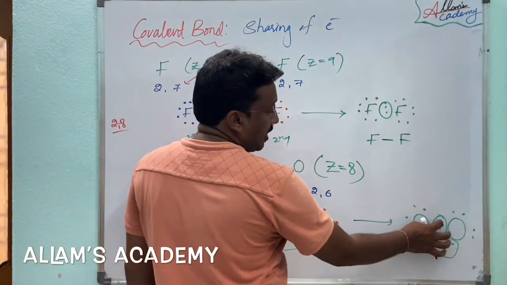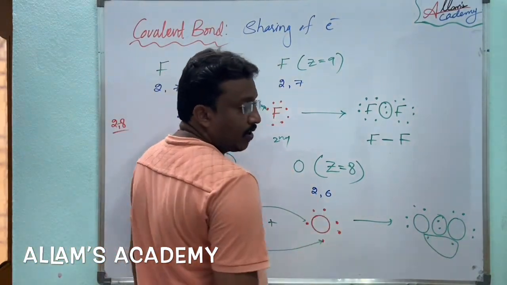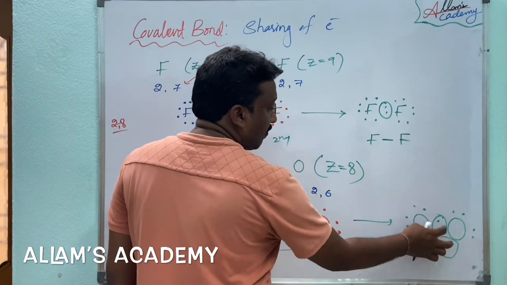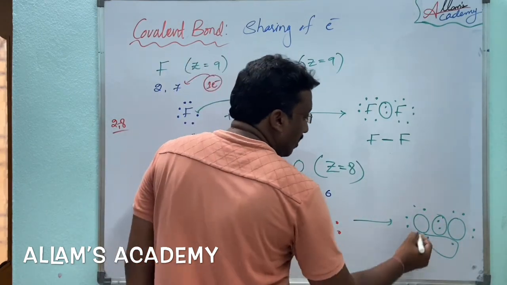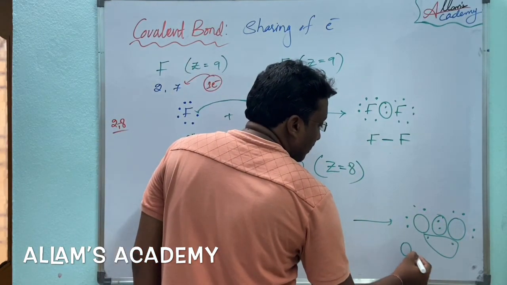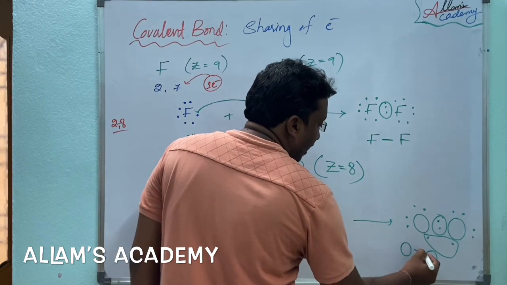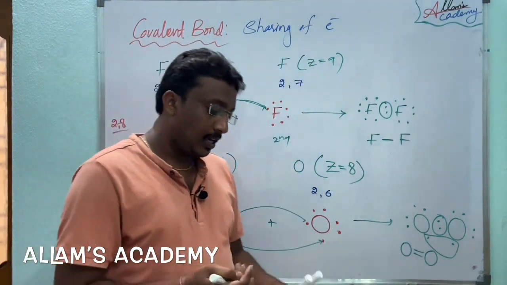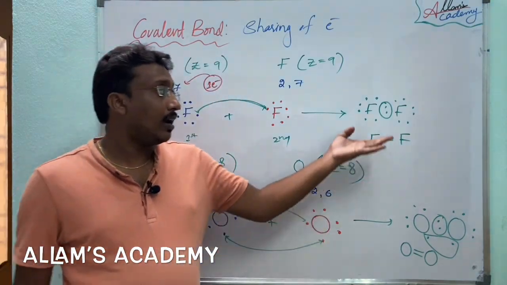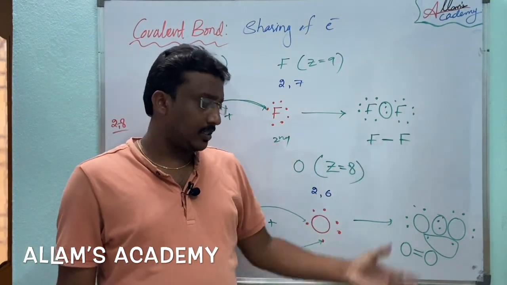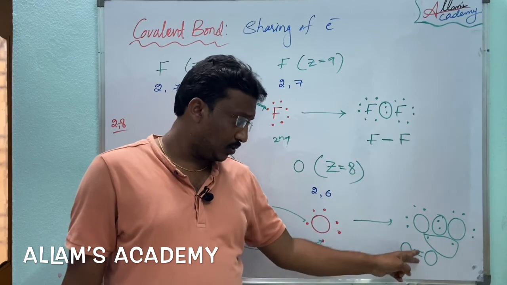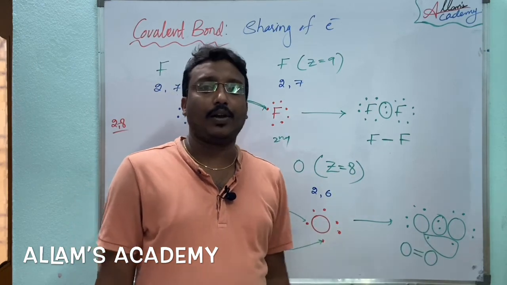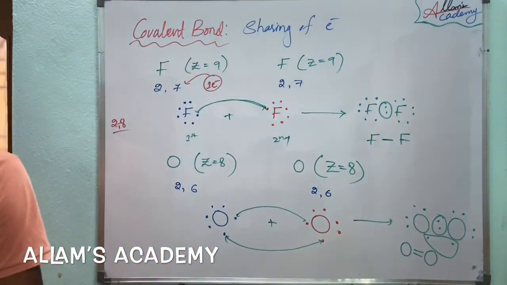See here one covalent bond, here one covalent bond. 2 covalent bonds are formed between the oxygen atoms, no? In such case, that's why we will write here double bond. Single bond means only one sharing can take place. Here double bond means two bonds.